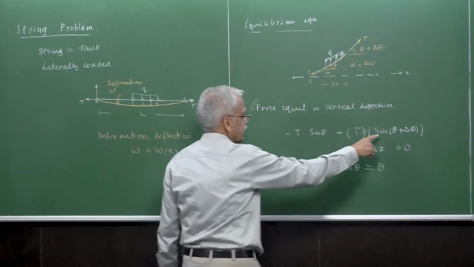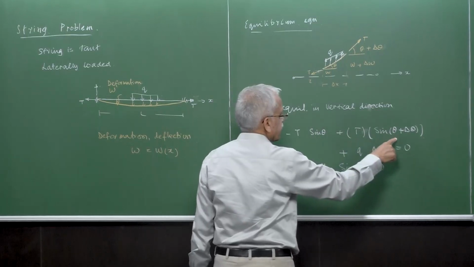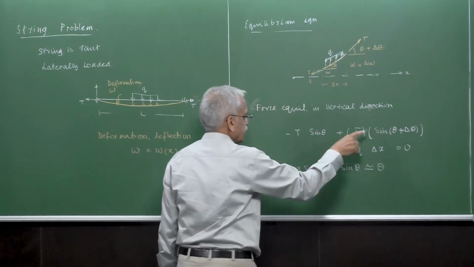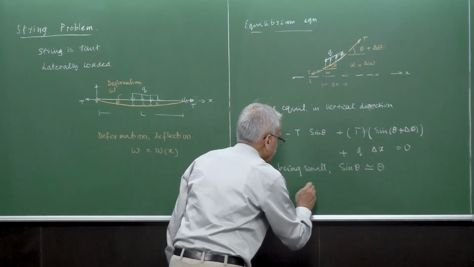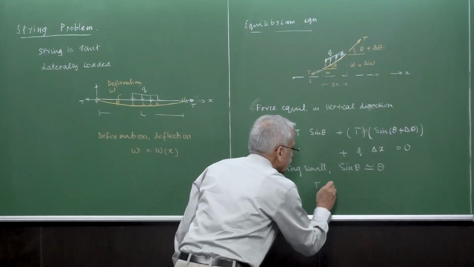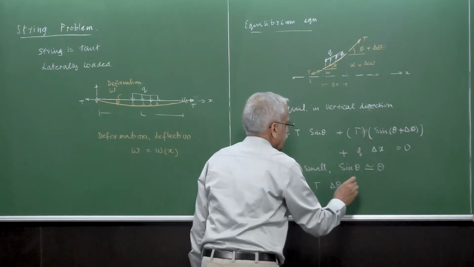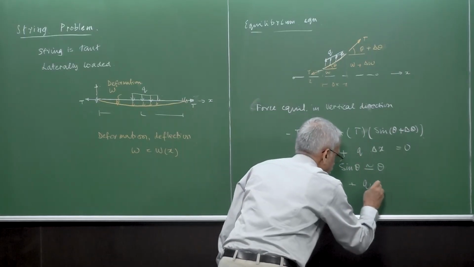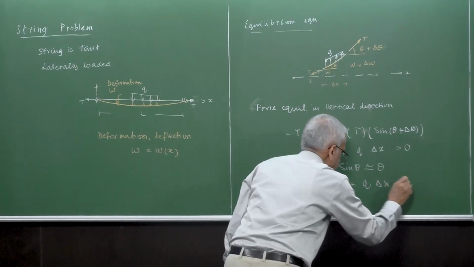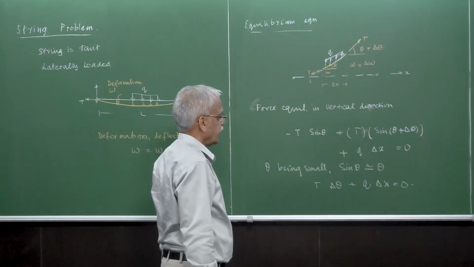And then you write this as theta, and you write this as theta plus delta theta, and you cancel the first term, and then you get T times delta theta times q times delta x is 0, right?